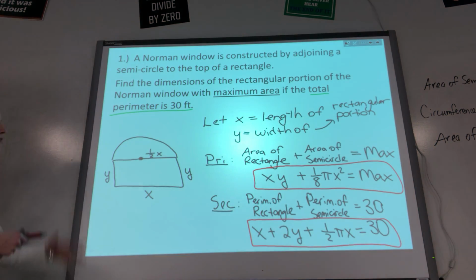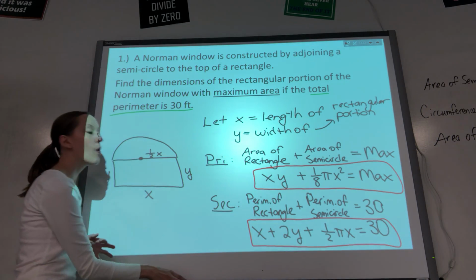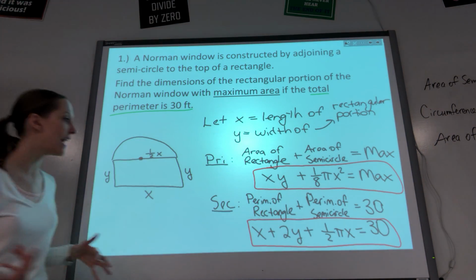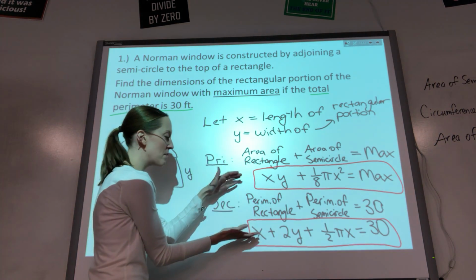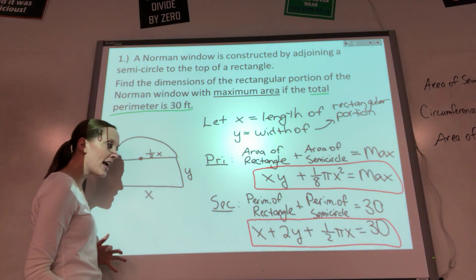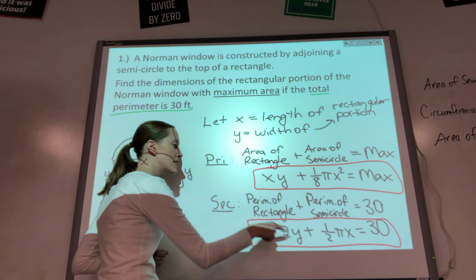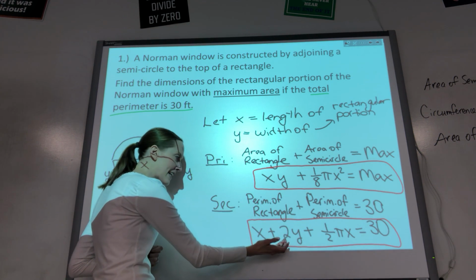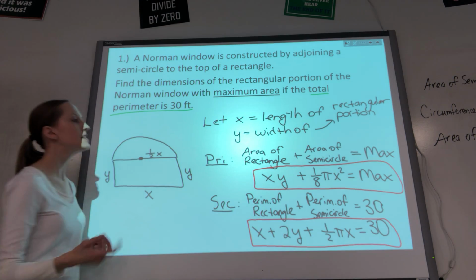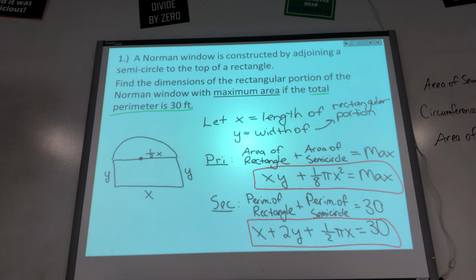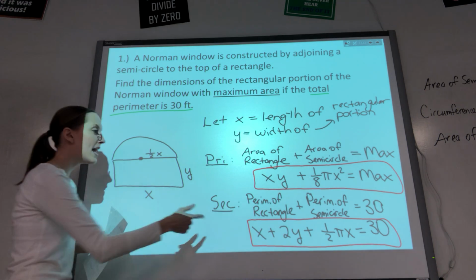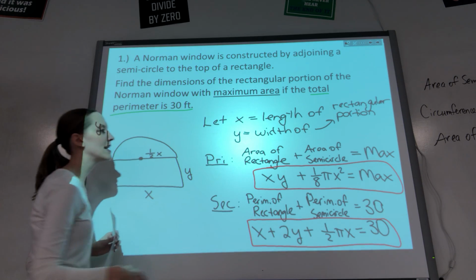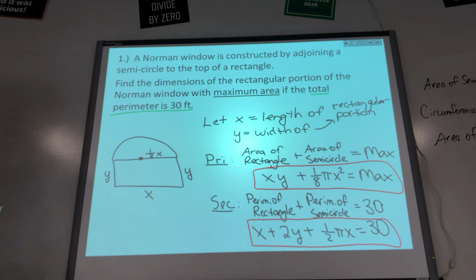It'll probably be something different. So again, that's something that you can reuse. Now, going back to the steps from Friday, once you set up your equations, then you're going to take the secondary equation, solve it for one of the variables, and then plug that back into the primary equation.